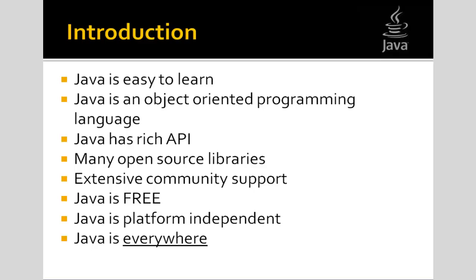And because Java's been around for so long, there's a rich API that has been developed and evolved over time. In addition to the official API that's provided with Java, there are innumerable open source libraries provided by the Java community, which is extensive in itself.